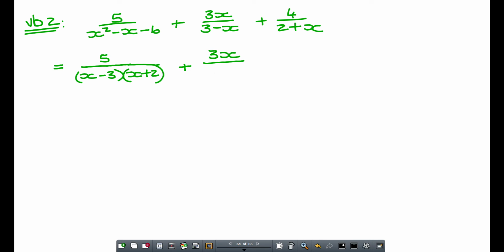So instead of saying 3 minus x, that's the same as minus x plus 3, nee? Maar ek wil nie hê daai minus nie. So let's take out a minus, which means that it would become positive x minus 3. Verstaan julle daai stukkie?